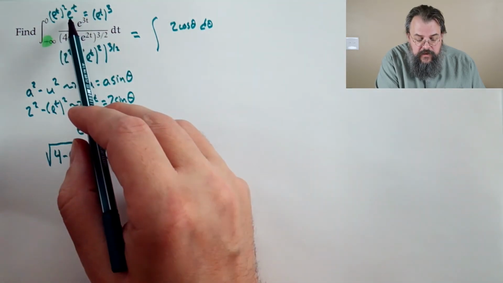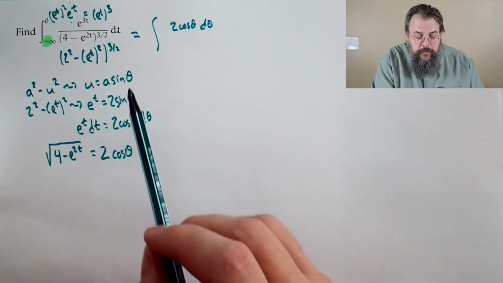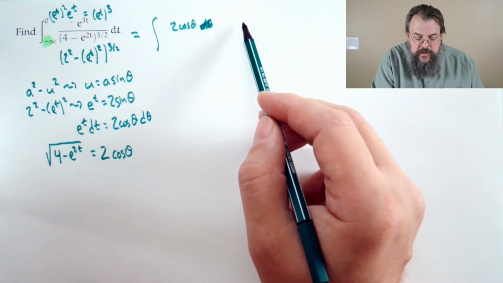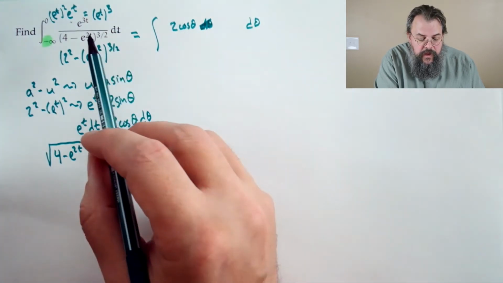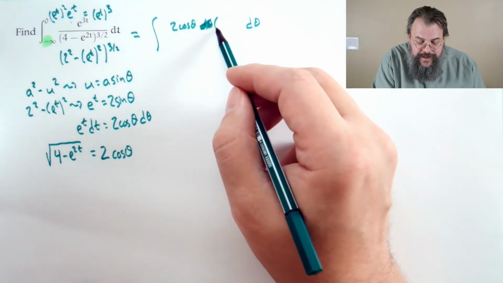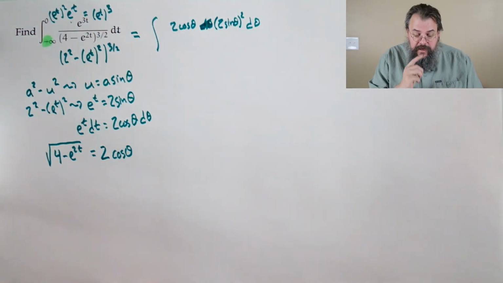Okay, so that's 2 cosine theta d theta. We still have a d theta over here. We still have to do that e to the t quantity squared. So e to the t is 2 sine theta squared. There we go. All right, well, great.